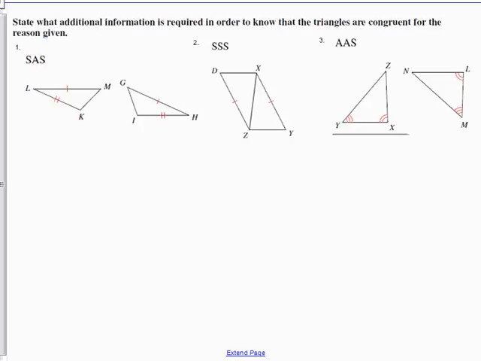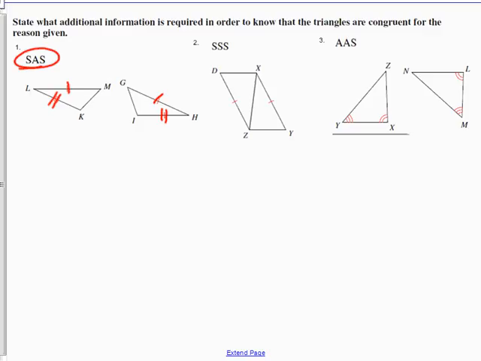Okay, what do I need in order to make these triangles congruent? They want me to look at this problem here, and they want me to have side, angle, side. Well, I see that we have a side here, here, and here. I need an angle. Which angle is going to make these congruent by side, angle, side?